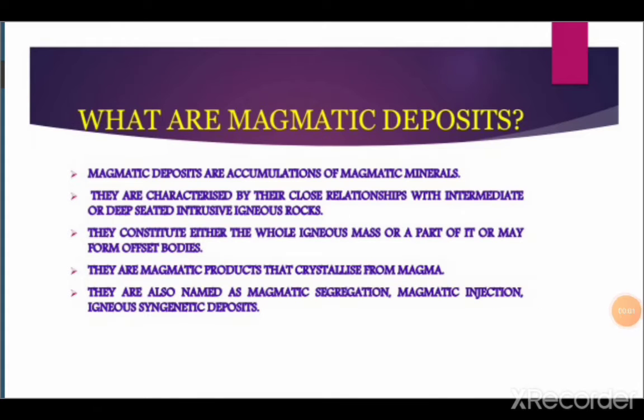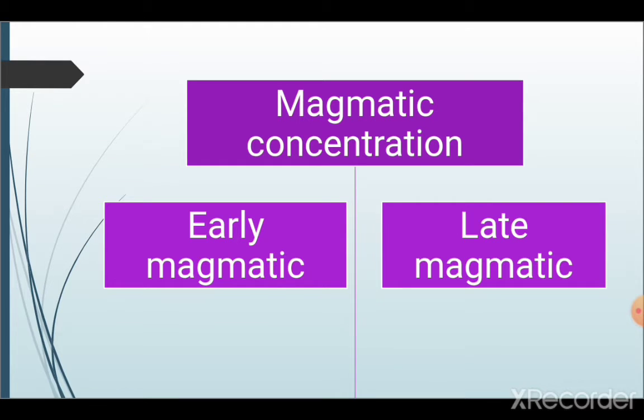There are different types of magmatic products simply known as segregation, magmatic injection, and igneous syngenetic deposits. The magmatic deposits are subdivided into two types: early magmatic deposits and late magmatic deposits.